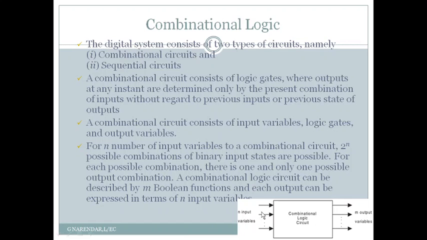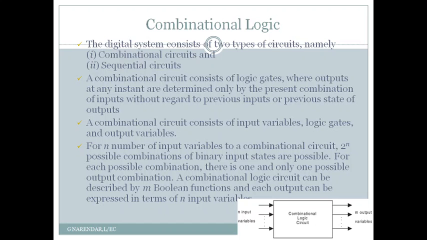All these variables are binary variables. That means each variable may take either 0 or 1 at any instant. So if you apply n such input variables to a combinational logic circuit, there exist 2 power n possible combinations of the inputs.